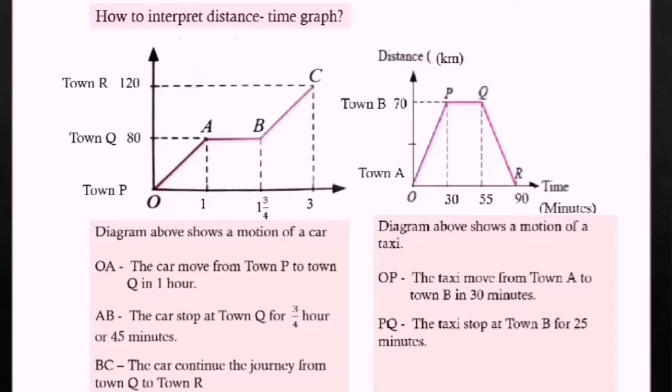The taxi stopped at town B for 25 minutes. 55 minus 30 equal to 25. So 25 minutes. Line QR. The taxi moved back to town A in last 35 minutes. So when graph go down means the vehicle move back.